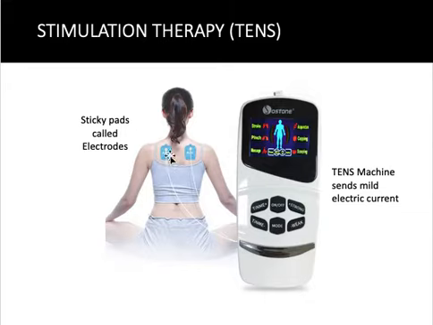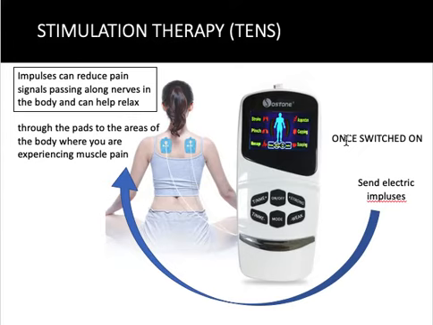So you put it on areas where you feel you have pain, let's say you have a neck pain. Once you switch it on, it sends electrical impulses through the pads to the areas of the body where you are experiencing muscle pain.